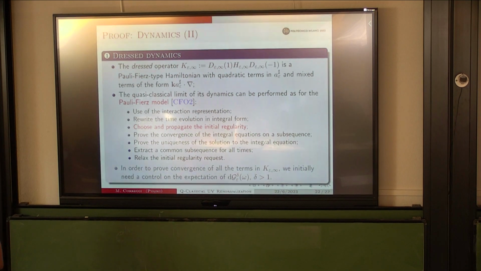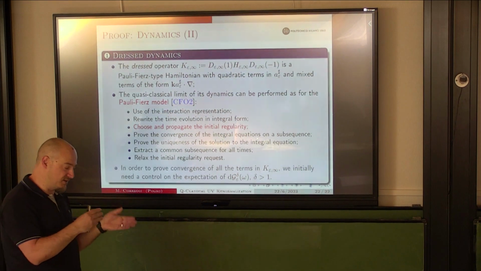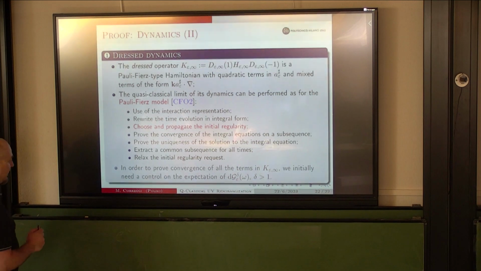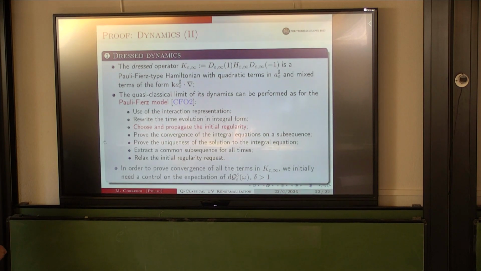So you need some control a priori on your state, and then once you know that, you know that the expectations of certain observables, well, quantizations of symbols of a certain kind, converge to their classical counterpart. Now, the most important problem we found is that we had to choose exactly the proper initial regularity and propagate it.